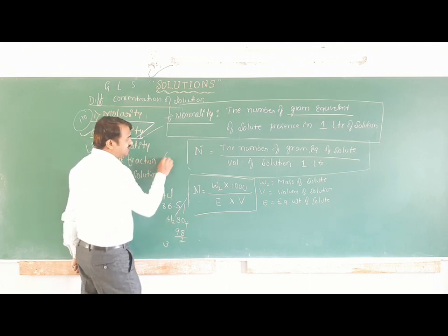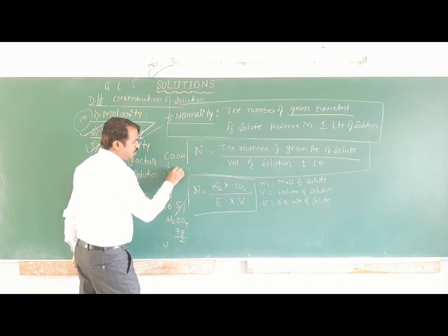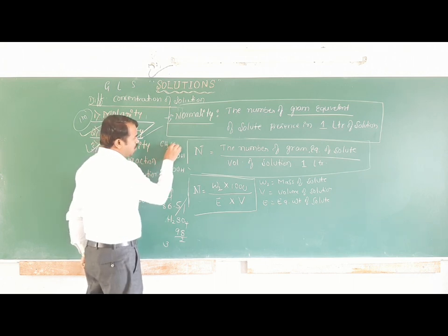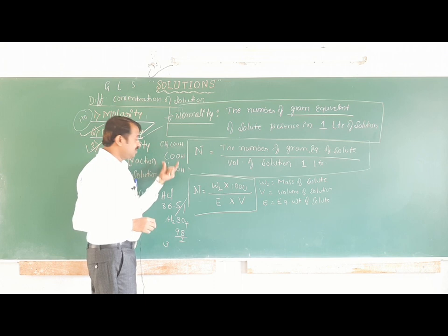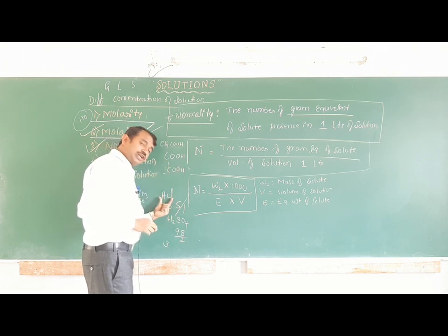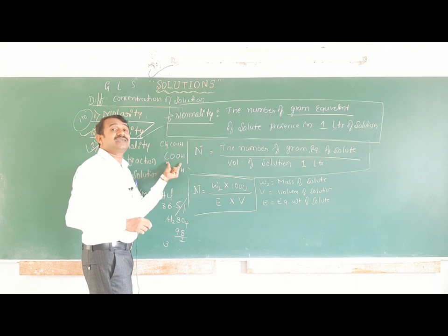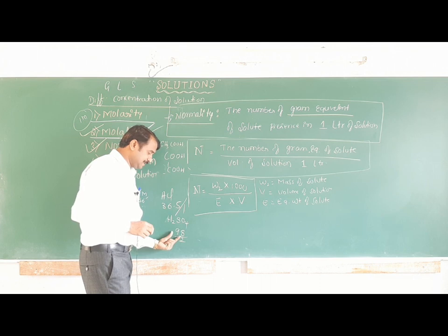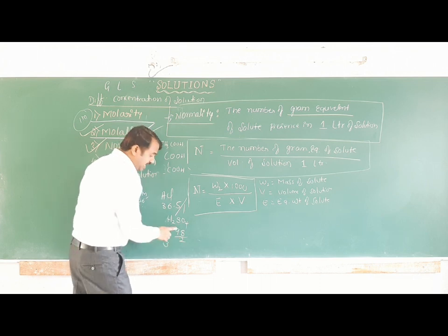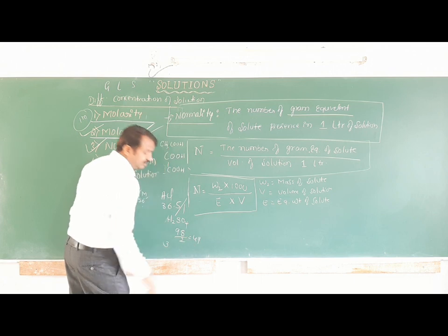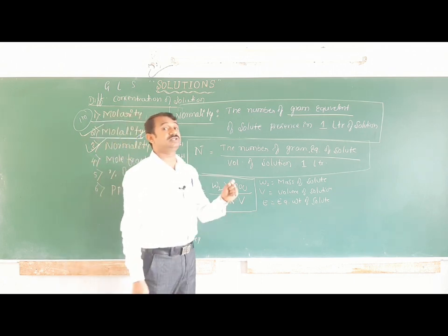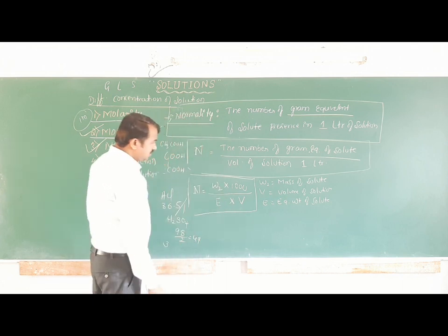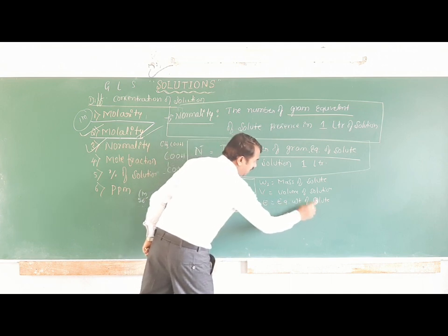Similarly oxalic acid, with COOH and COOH, is a biacid. Acetic acid, CH3COOH, is a mono acid. Hydrochloric acid is a mineral acid, while acetic acid is an organic acid. Hydrochloric acid is 36.5, but sulfuric acid is 98. When 98 is divided by 2, it is 49. The 49 gram dissolved in 1 liter of the solution is called 1 normal. Here E means equivalent weight of solid.